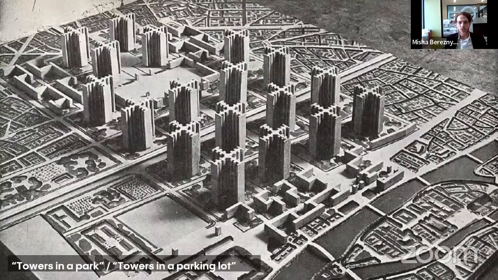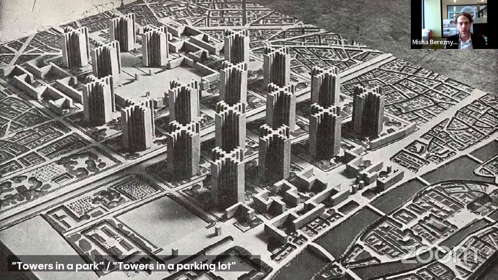So this is a conceptual plan by modernist architect Le Corbusier for Paris, of all places, which is showing the towers in a park concept. And the idea was that by concentrating density in towers, you can free up the space at grade for open space, which contrasted with the very busy cities at the time, of which there was a lot of criticism.